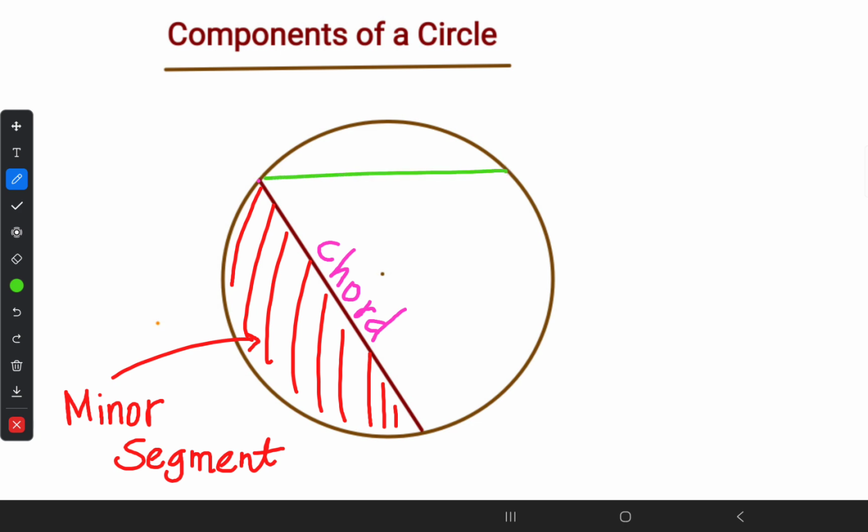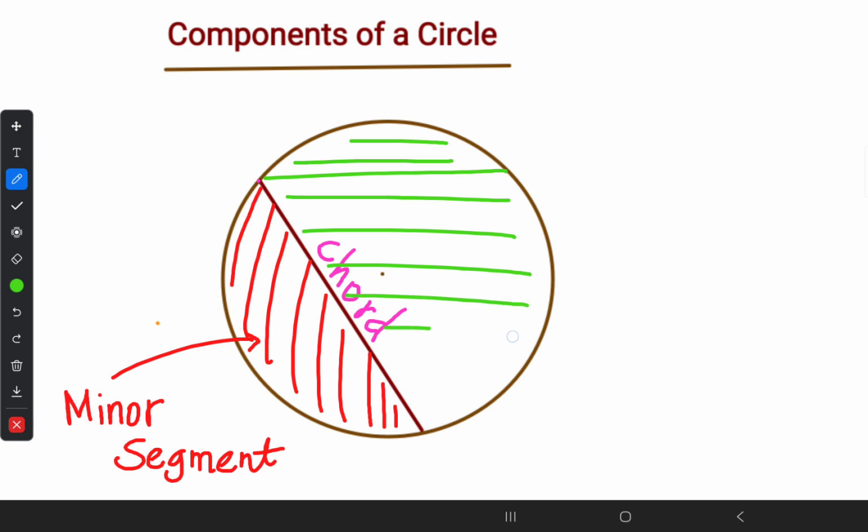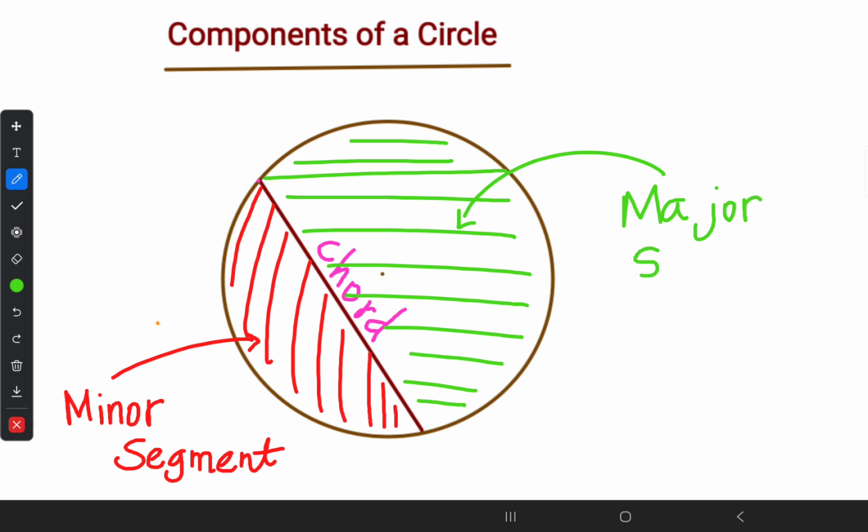And the area which belongs to the major arc, now we are considering the area, this area would be the major segment. If the area is smaller, that would be minor segment. If the area is larger, that should be major segment.